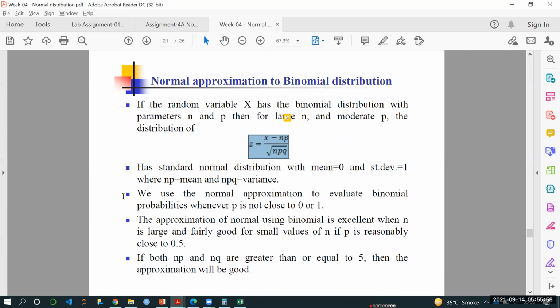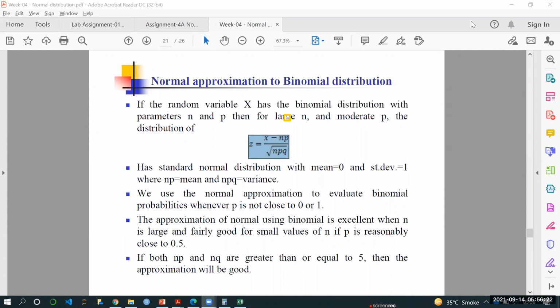But if you have a moderate value of n, moderate means 25, 30, 35, 40, then you have to do some corrections in your data. You know, the binomial distribution is a discrete distribution, meaning you are counting 1, 2, 3, 4, 5, 6, and so on.